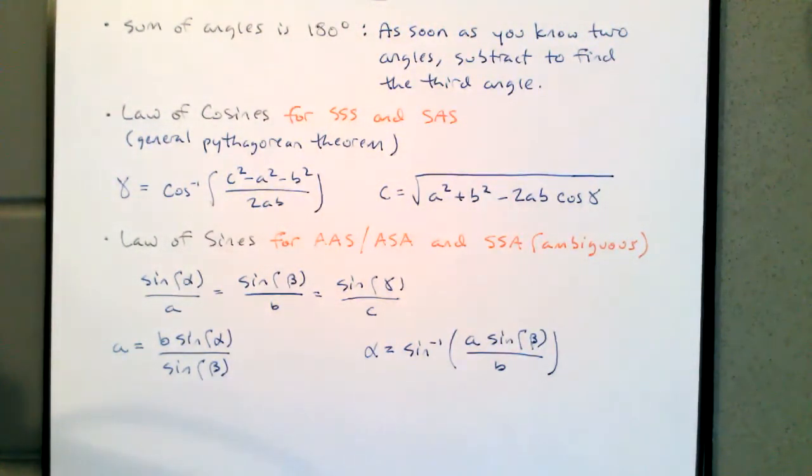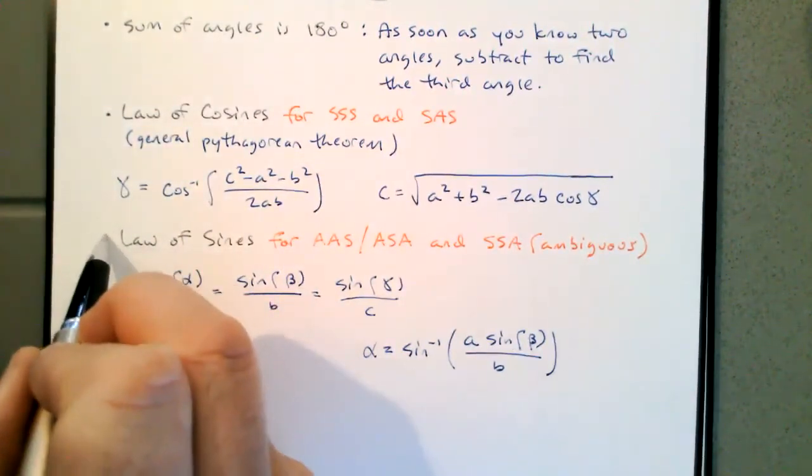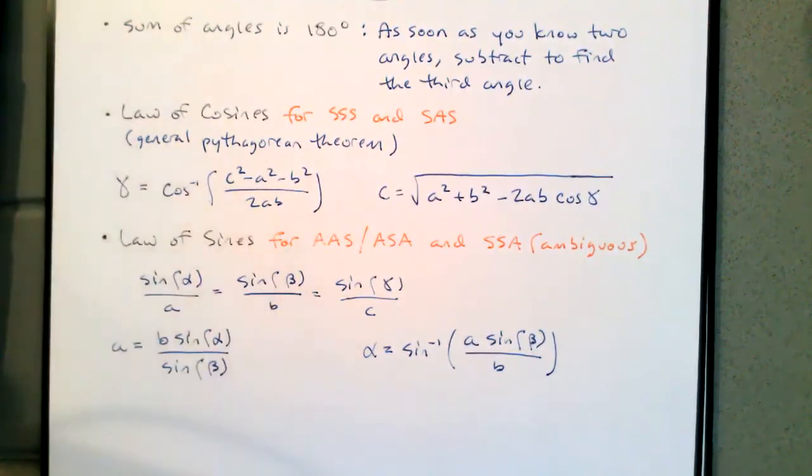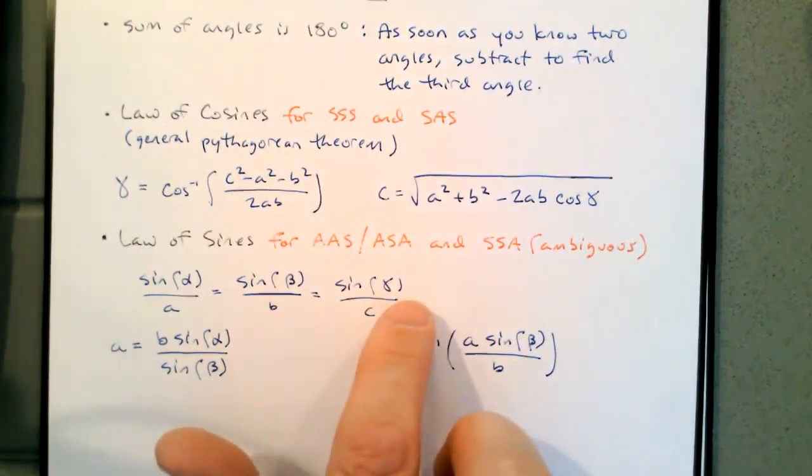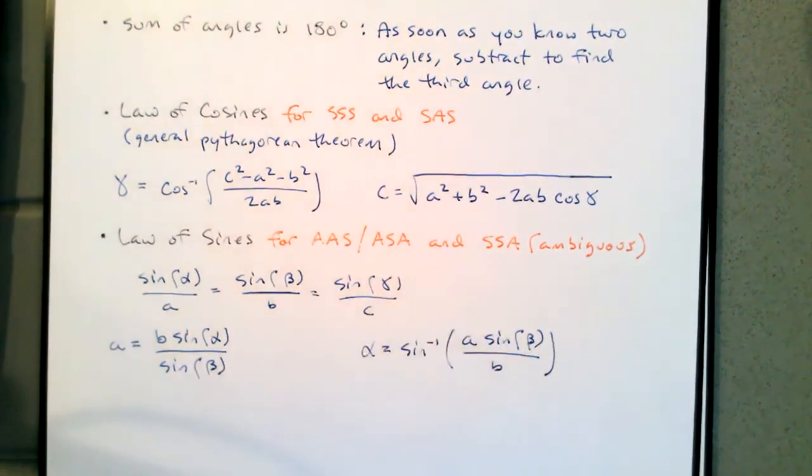Okay, so we've got the law of cosines, and we've got the law of sines. In the law of sines, if one of these angles is a right angle, like if gamma is 90 degrees, then the sine of gamma is equal to 1.